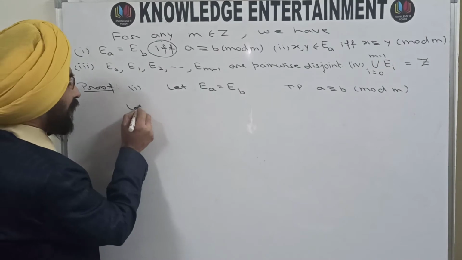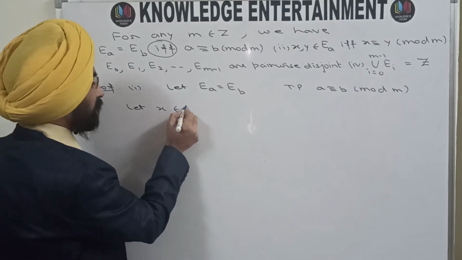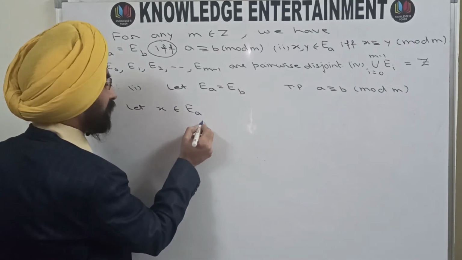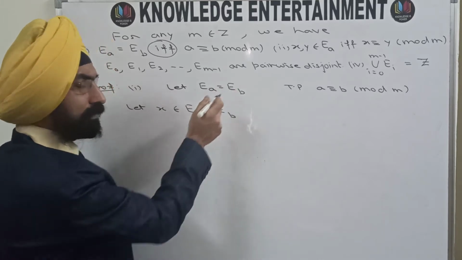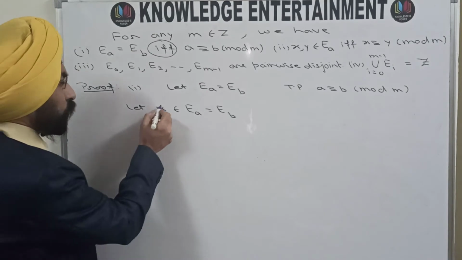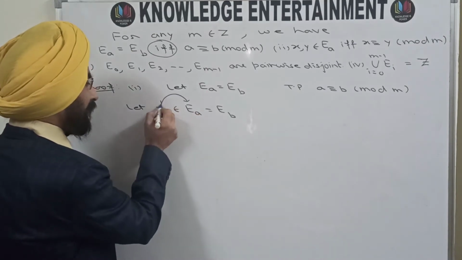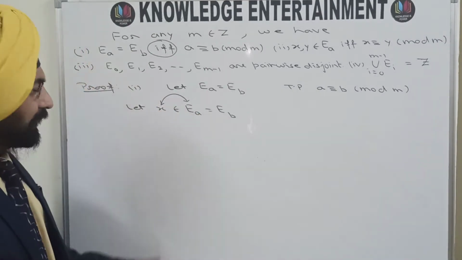Let X be any integer which is in EA and is in EB also, because EA and EB are the same. Look at this: X is in EA.